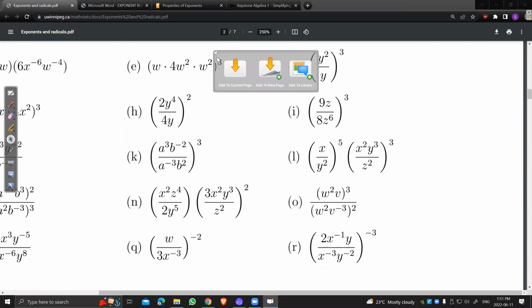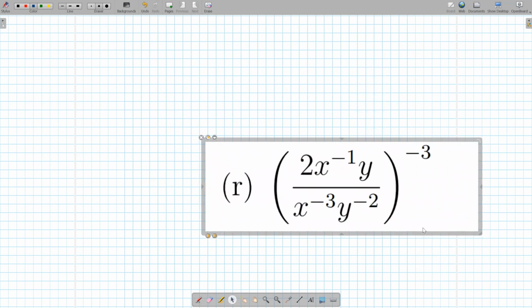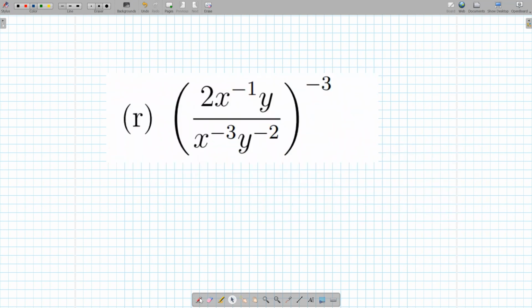Okay, this one, I guess we could simplify the inside. Let's simplify the inside part. You bring the -3 up. What you get? 1.